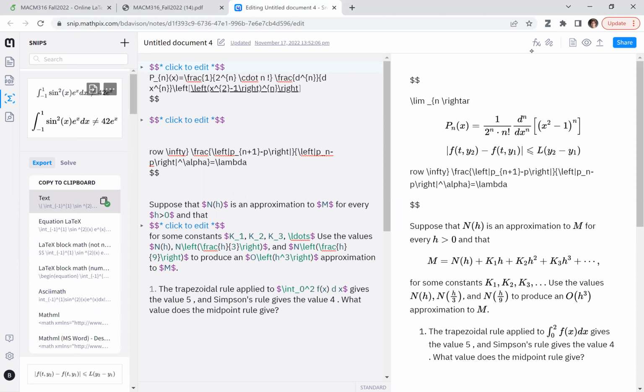You can also take an entire document. Like I'm doing some work requiring me to read some of the work of Poincaré, which is written in French, and it's written from like 1890 or something like that. I don't read French very well, and there's a whole bunch of math in it. So what I've been doing is I take a scanned document, I put it into MathPix, it does the optical character recognition, it translates all the math into LaTeX, and so it produces me a PDF with the French in there and all the math in LaTeX.